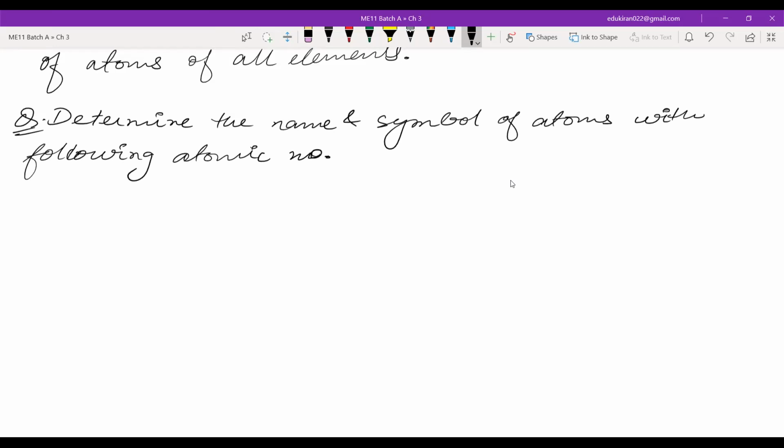Okay, with following atomic number. So I will do the first one for you. Let us say the atomic number is 38. Okay, atomic number is 38.